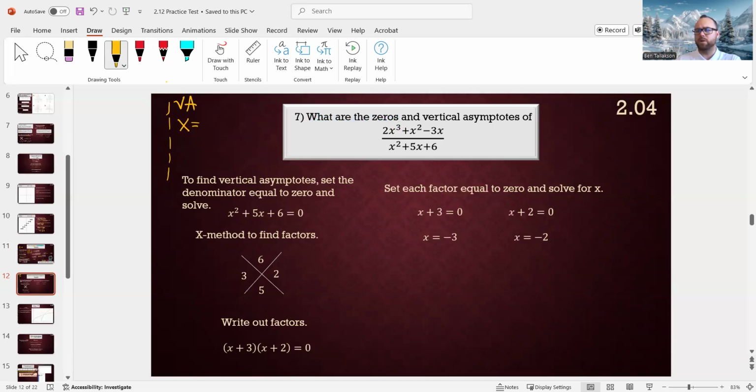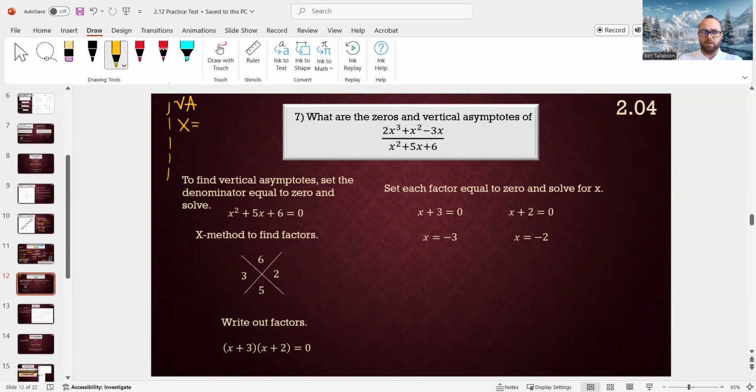Well, didn't we just find that if we factor and use the zero product property, we find out what x equals? We did. But now we want to know specifically what's going to make the denominator equal to zero, because we're looking for a vertical asymptote. That is a place our line cannot touch.